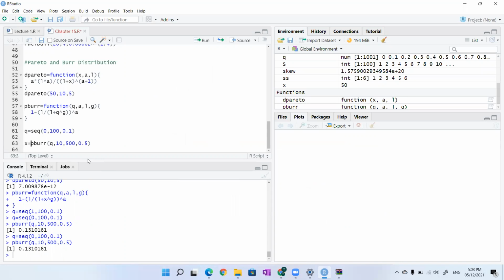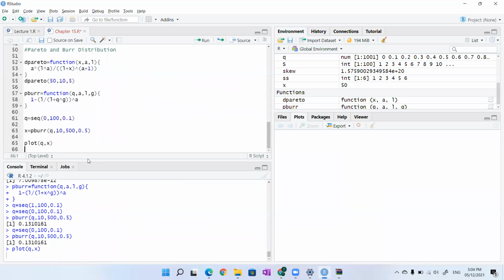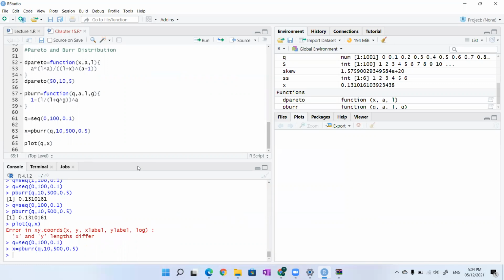Let me save this as x, okay? And then let me plot x, sorry, q with respect to x. Sequence from 0 to 100. Hey, why is x coming as a single value, yaar?